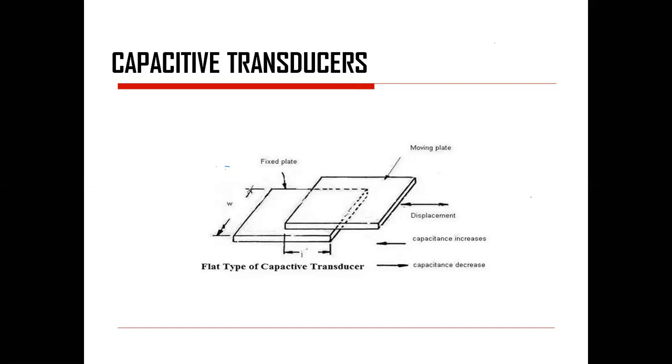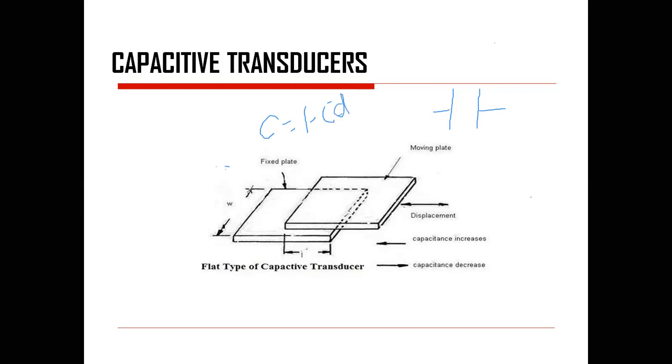Suppose I have considered two plates, and your capacitance is a function of T, that is the distance, A is the area, and epsilon is the permittivity.